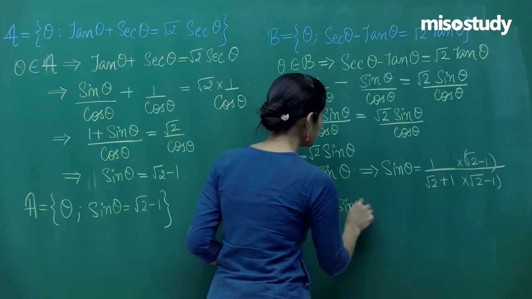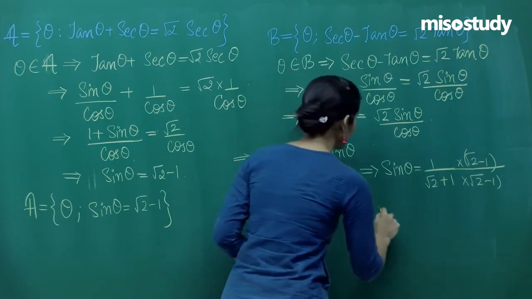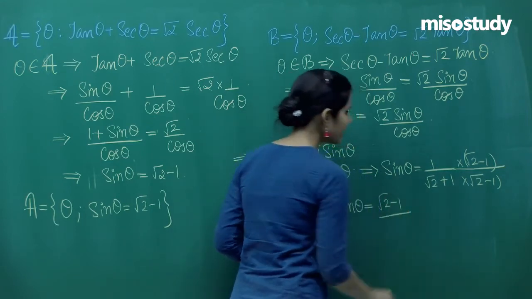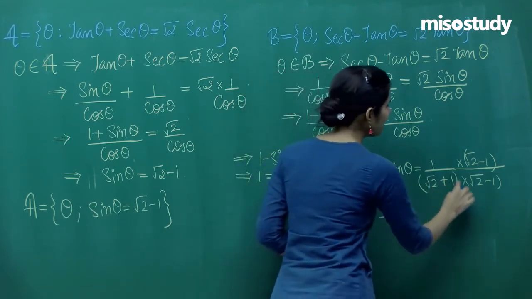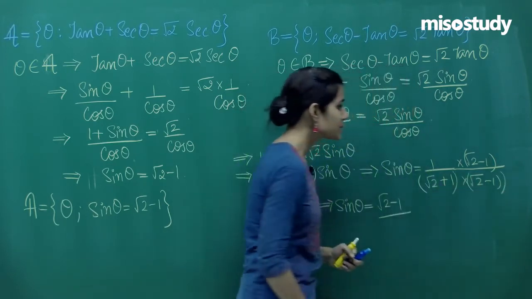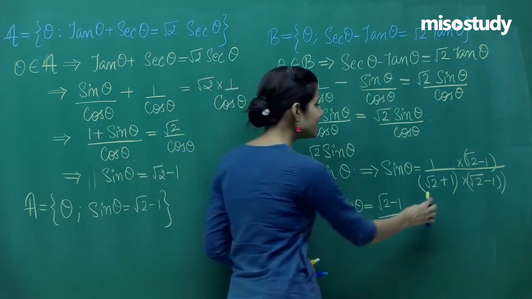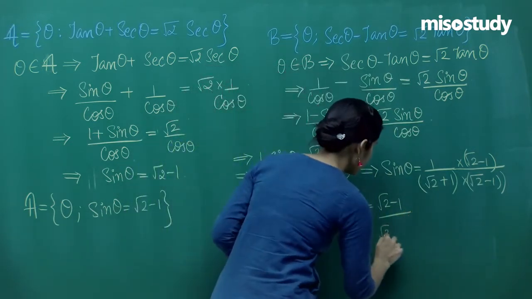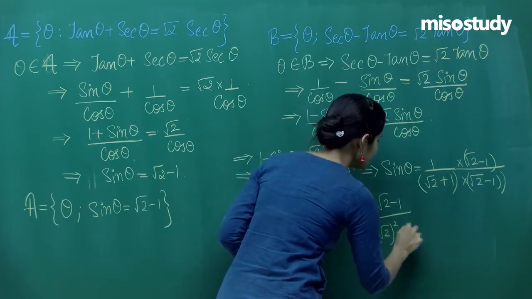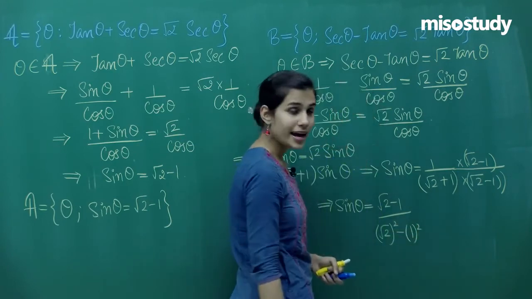Sine theta is equal to root 2 minus 1 upon a plus b into a minus b, which is a square minus b square, which means root 2 square minus 1 square.